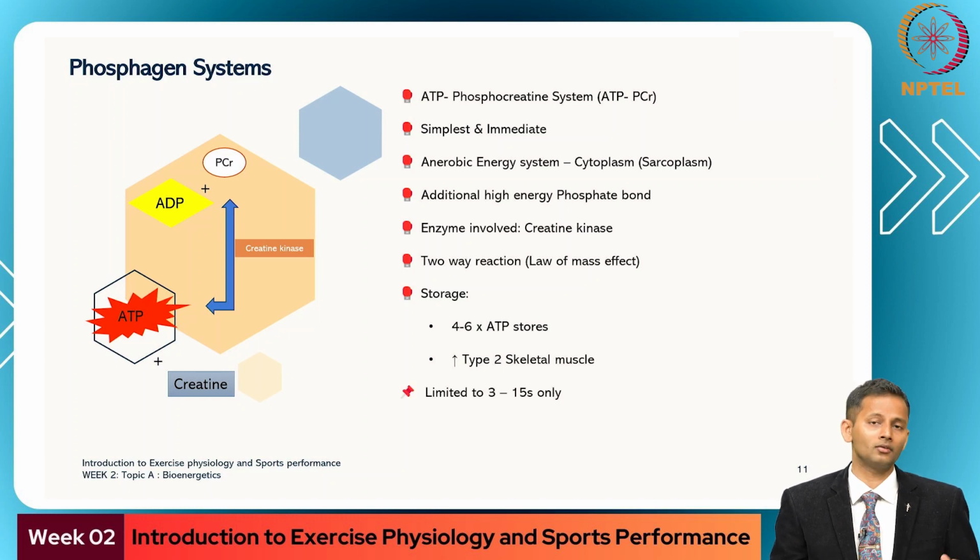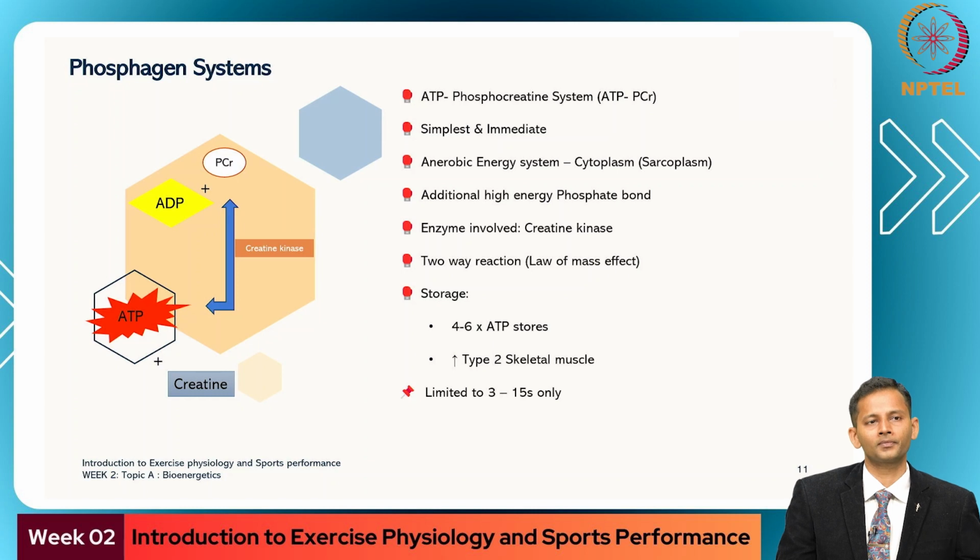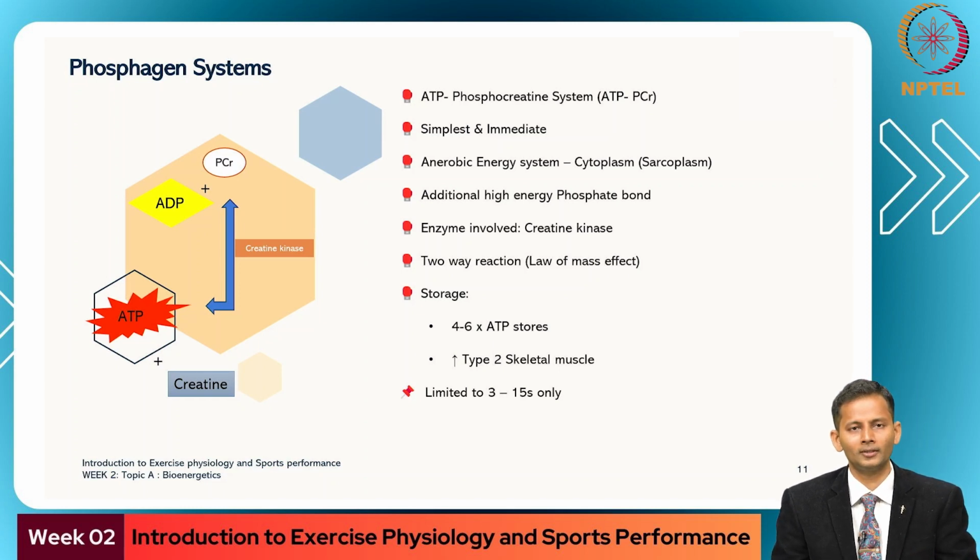The storage is 4 to 6 times more than the ATP store. We saw about 80 to 100 grams of ATP store. The next store of ATP is in the form of phosphocreatine, and that is about 4 to 6 times more. And more so they are present in type 2 skeletal muscle. The various types of skeletal muscle are broadly type 1 and type 2. Type 1 is more focused on the aerobic reactions, type 2 is more on the anaerobic capacity.